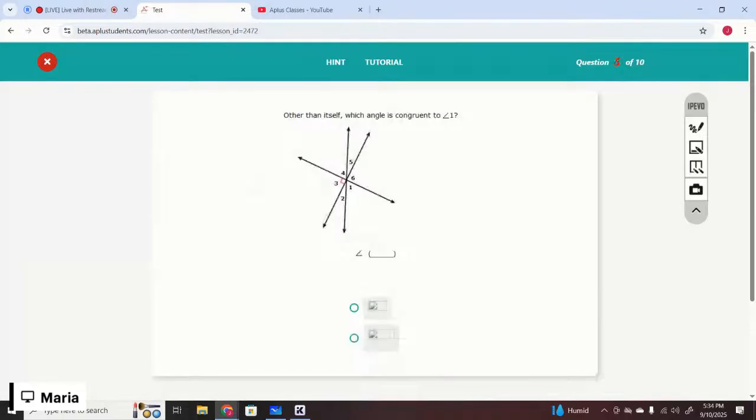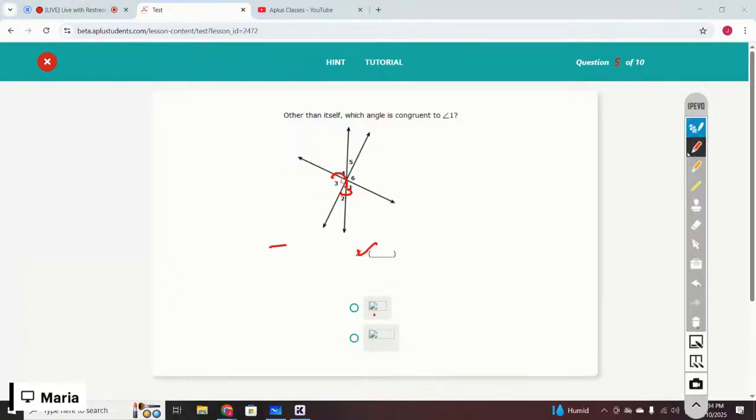Other than itself, which angle is congruent to angle 1? So we need to find the congruent angle to angle 1.